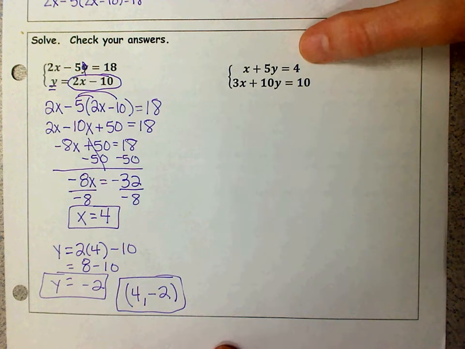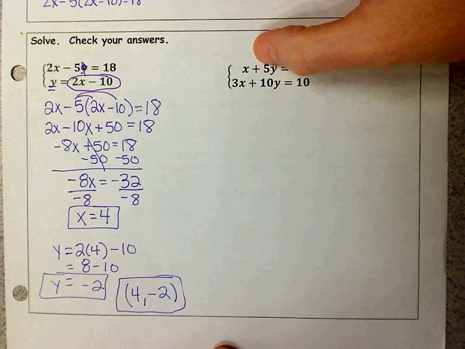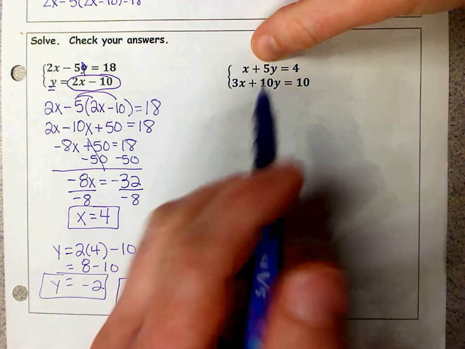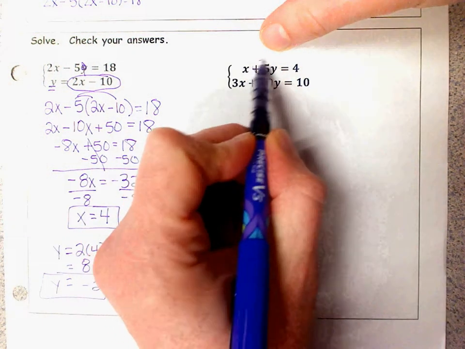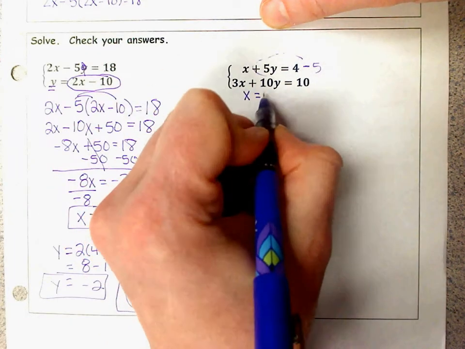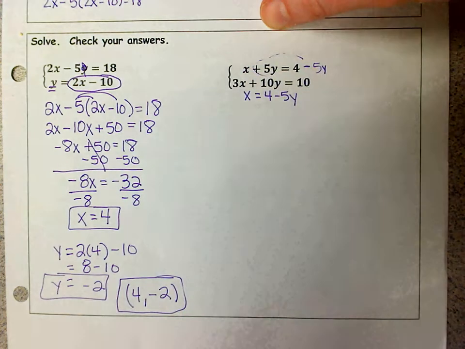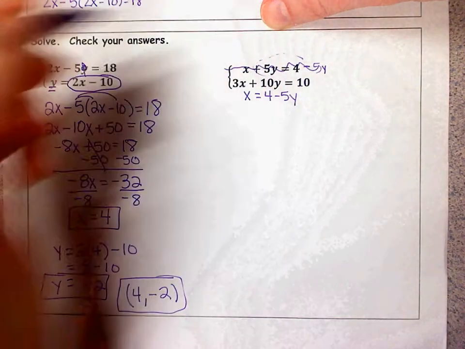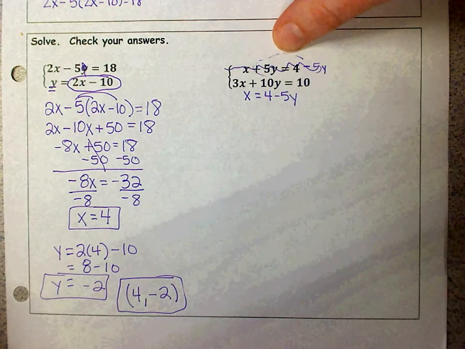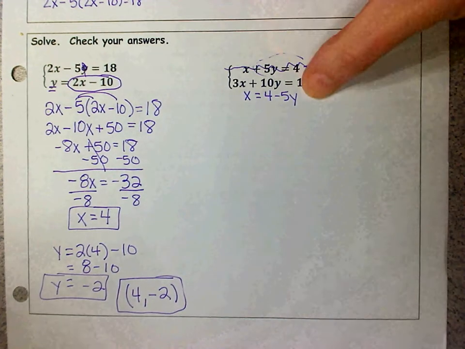Alright, this one, we talked about it above. Okay, you guys said to take your 5y and we're going to subtract it. Alright, so I have x equals 4 minus 5y. I always like to kind of cross that one out so I don't get confused, where I just replaced it with this one down here.